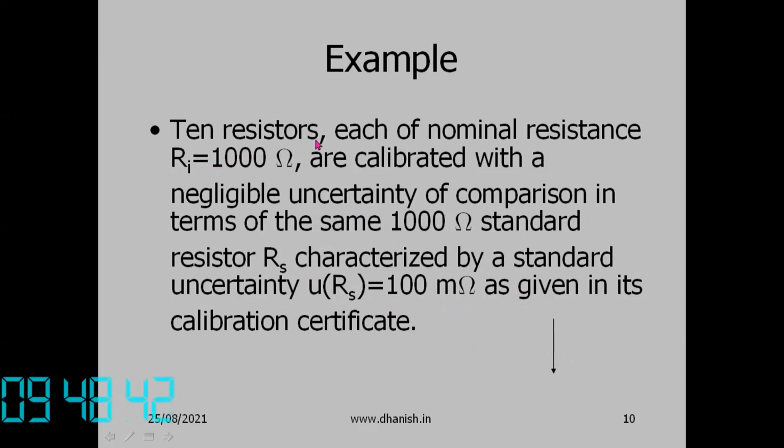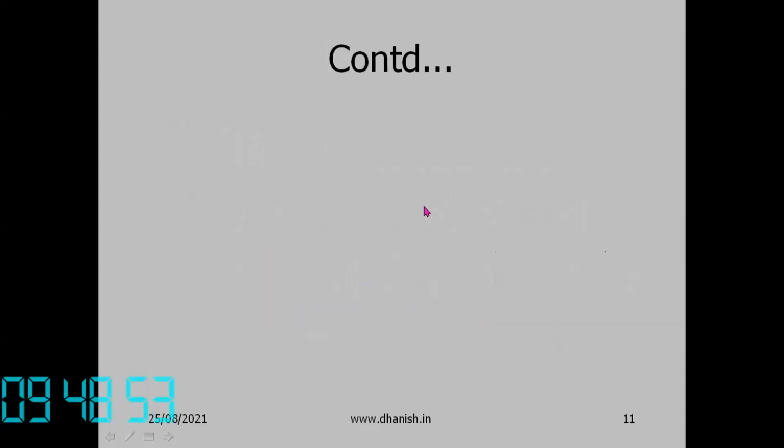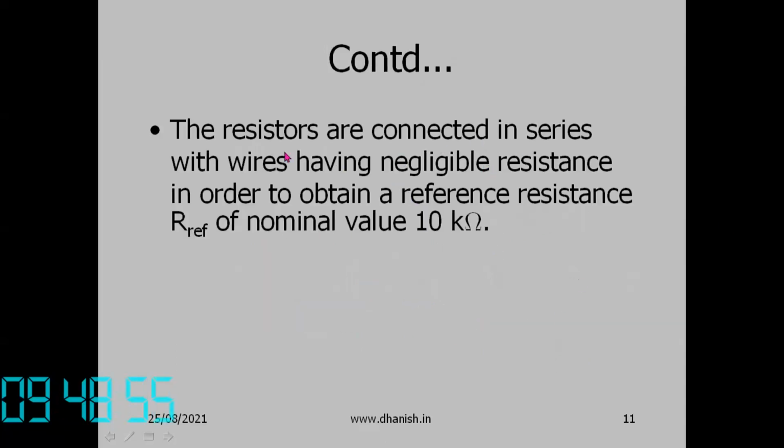So 10 resistors have been calibrated using the same standard resistor having some standard uncertainty. The resistors are connected in series with wires having negligible resistance in order to obtain a reference resistance RF of nominal value 10 kilo ohms.